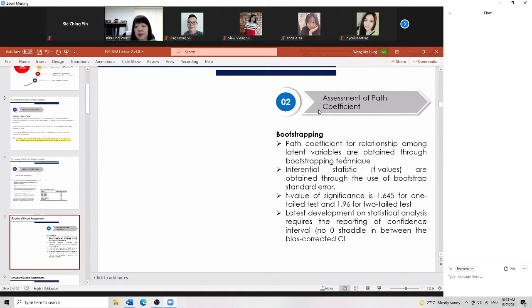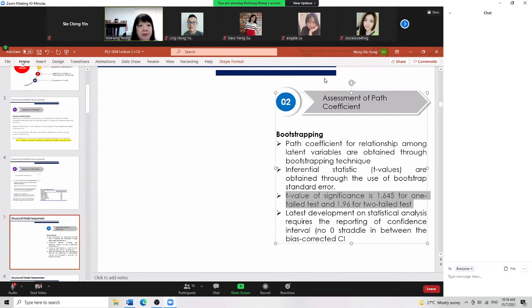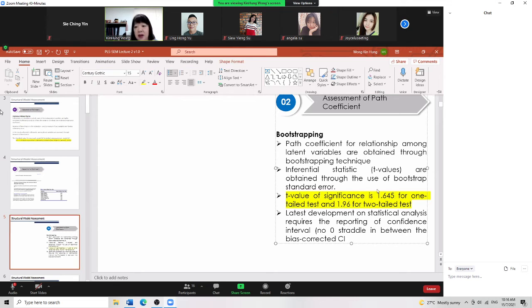Inferential statistics are obtained through the use of bootstrap standard errors. We can use this t-test. T-value of significance is 1.65 for one tail, and 1.96 for two tail. Again, this is the indicator that you must know.